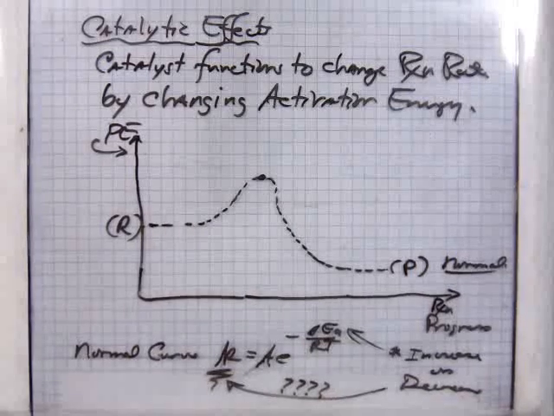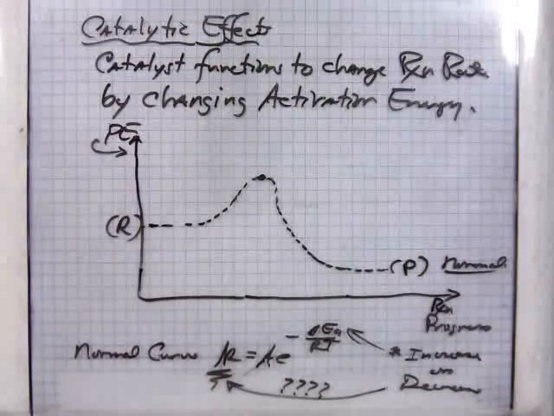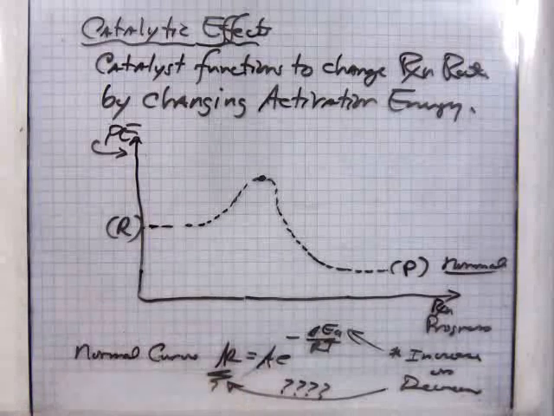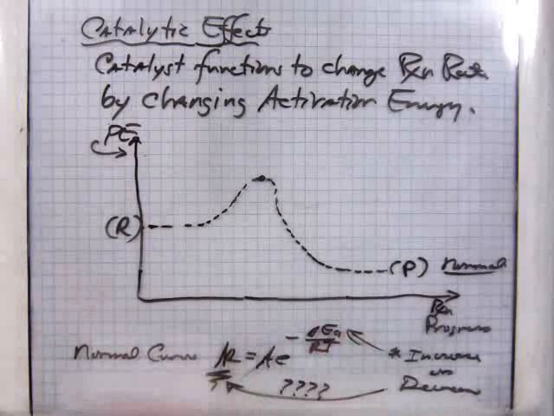have a catalyst and you want to speed up your reaction. Now, we're not talking about any specific kind of structure. That's a whole science by itself. But if you wanted to speed up a reaction, what would you have to do to activation energy?